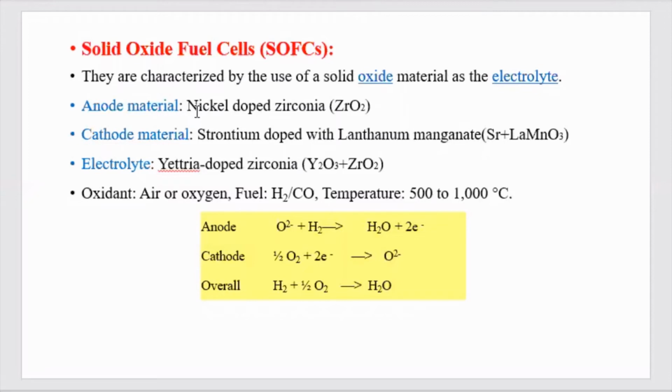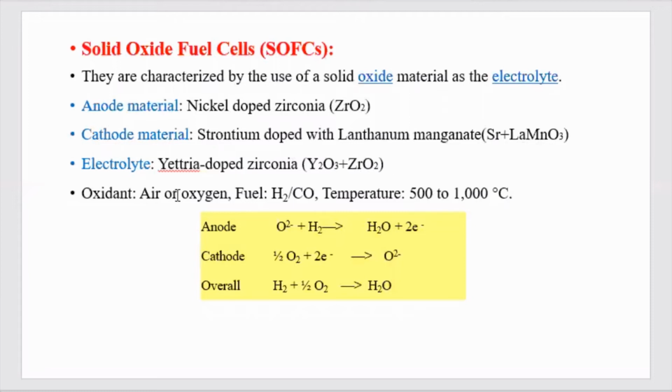The anode material is nickel doped with zirconium oxide, ZrO2. Cathode material is strontium doped lanthanum manganate, LaMnO3. The electrolyte is yttria doped zirconia; yttria is Y2O3, zirconia is ZrO2.